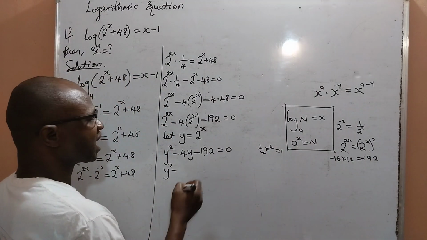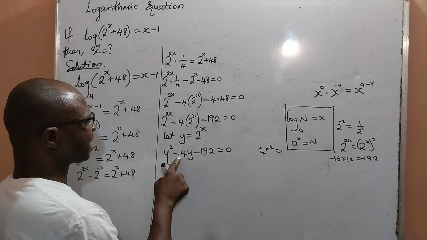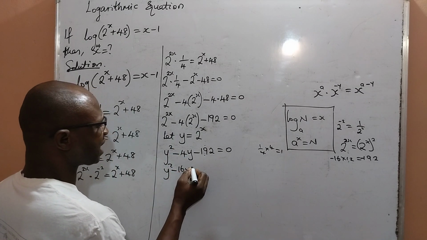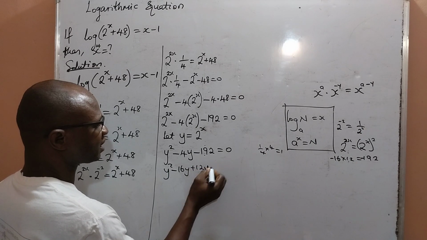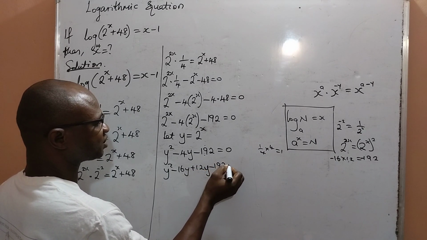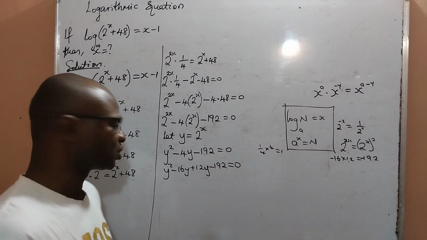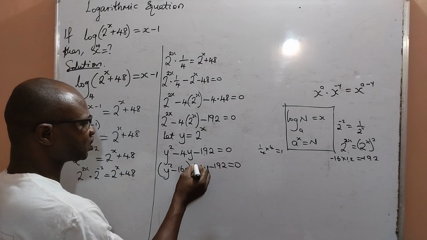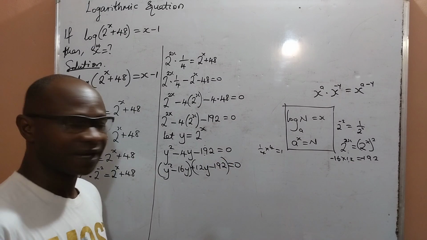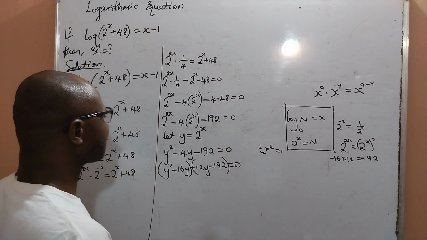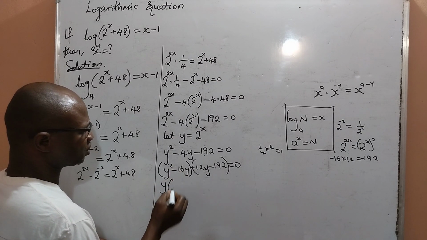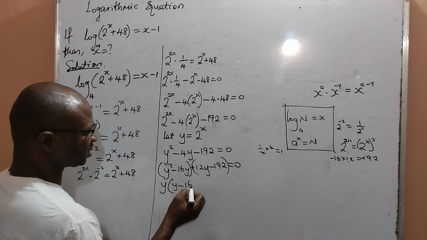And that means I can now substitute minus 4y to become minus 16y plus 12y, minus 192, everything is equal to 0. Moving forward, I can now factorize what is common from the left-hand side of the equation. That means y is common, giving me y into y minus 16.